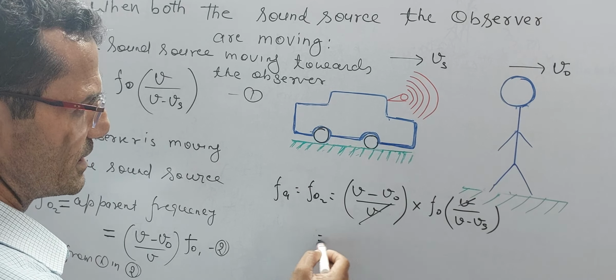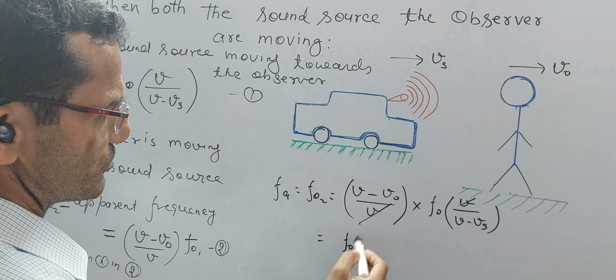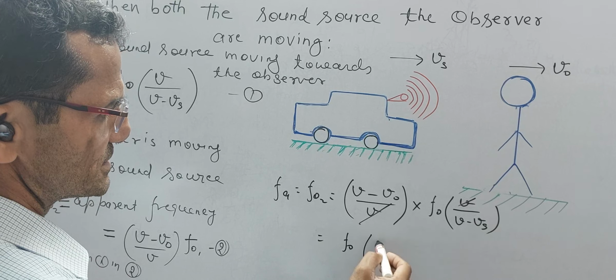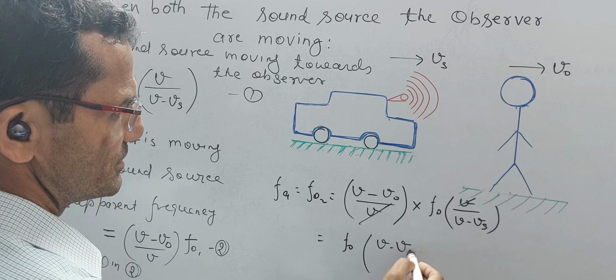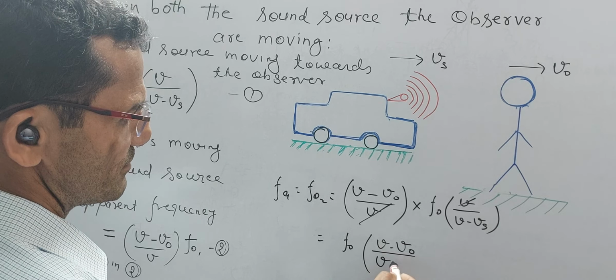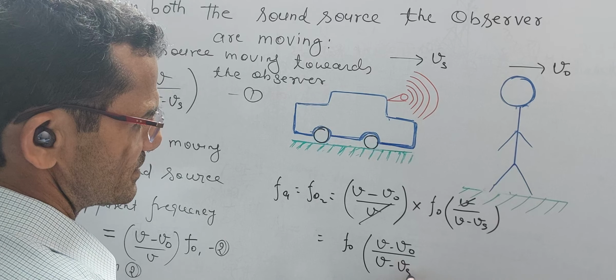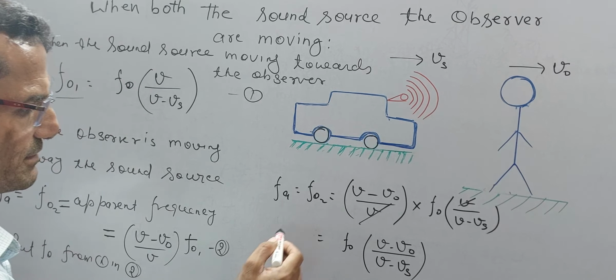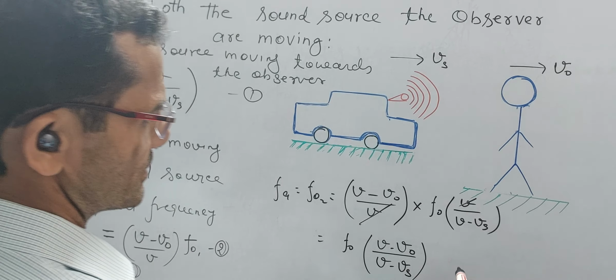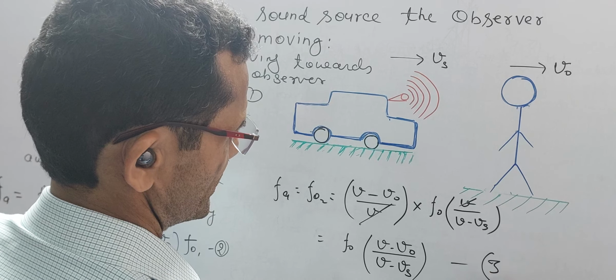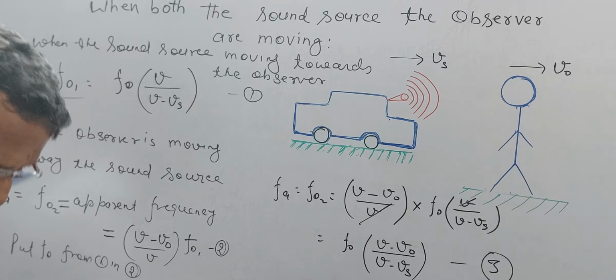Finally I get FO, the original frequency, outside, times V minus VO divided by V minus Vs. This will be our apparent frequency. This equation three will be our final value.